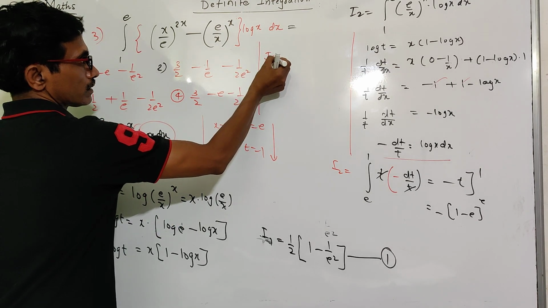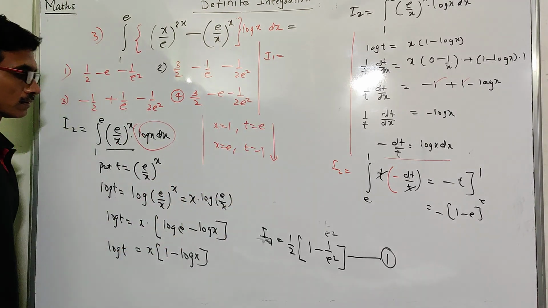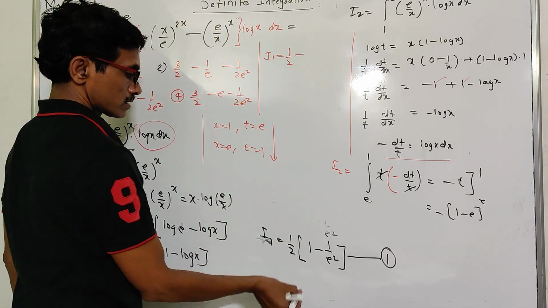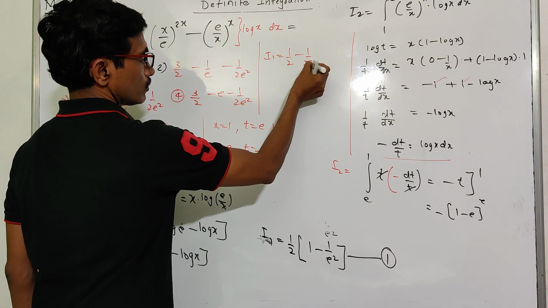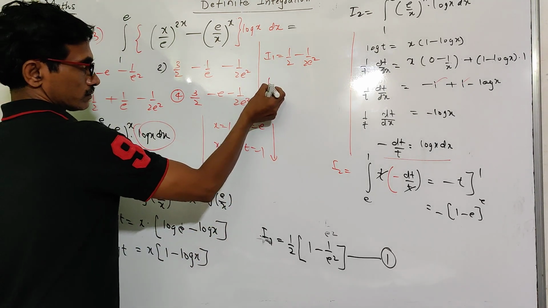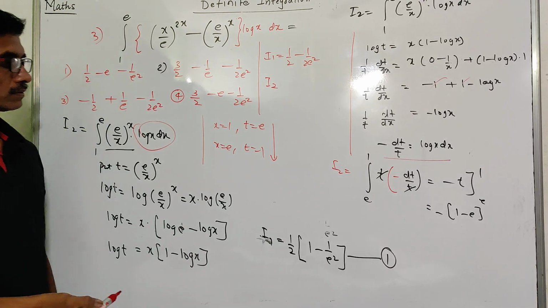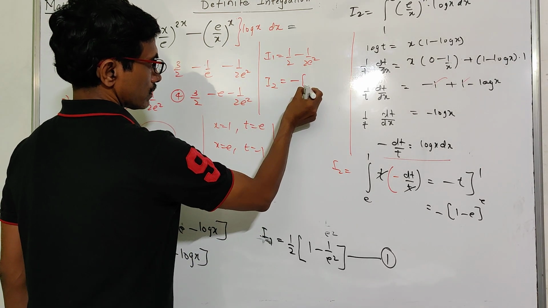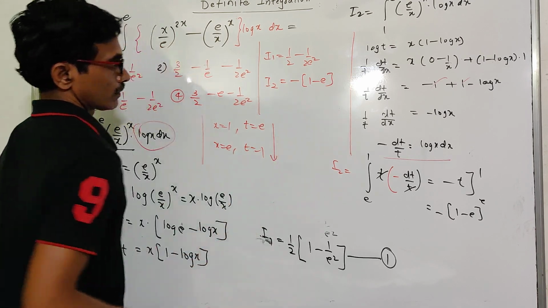But I1 is equal to 1 by 2 minus 1 upon 2 e square, and I2 is equal to minus of (1 minus e).